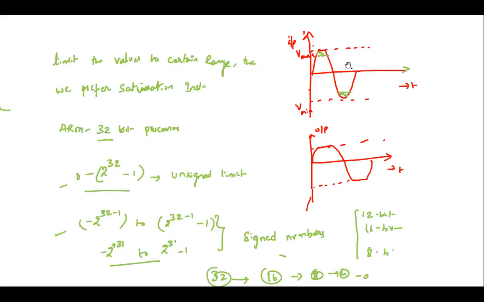If we have to have some limits in the positive side and in the negative side, we have to use the saturation instruction. So what is a saturation instruction? I think all of you are aware of N, C, V, and Z. These are nothing but our PSR, program status registers. These are all our flags.